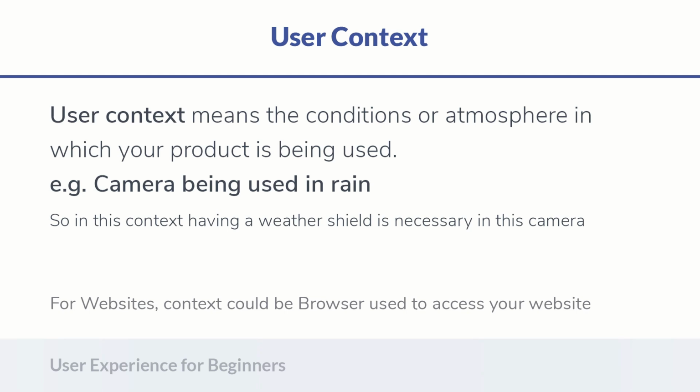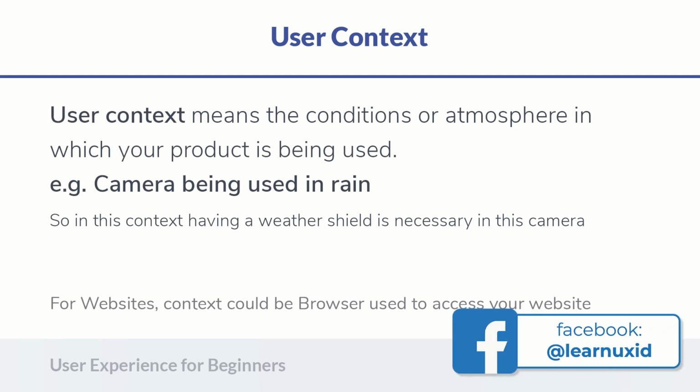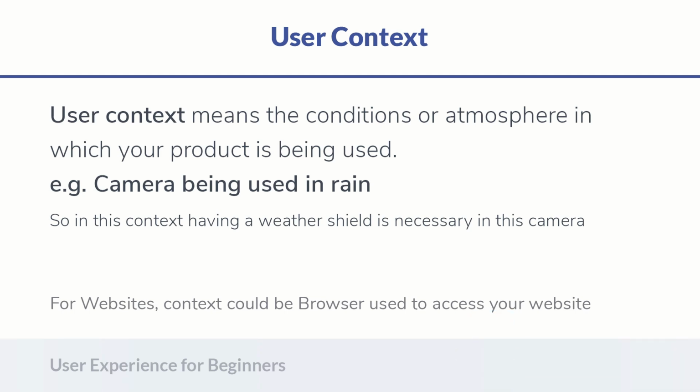Let's take another example of a train booking app. Okay. So you might be in a hurry and you are booking your train while you are traveling. There might be noise around you and there might be low signals, Wi-Fi signals. Or maybe a few more constraints, and user context is totally different.